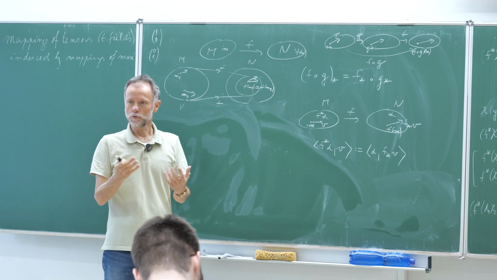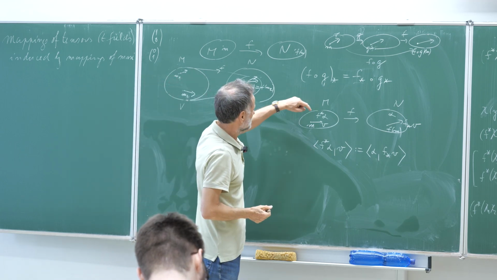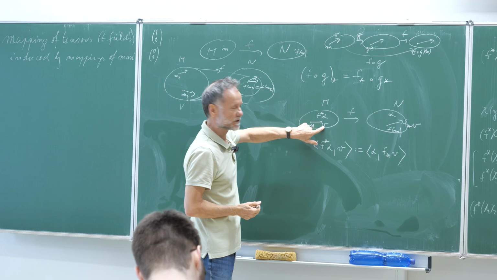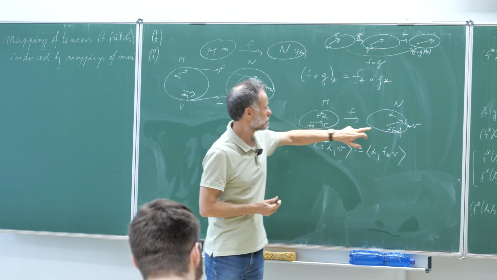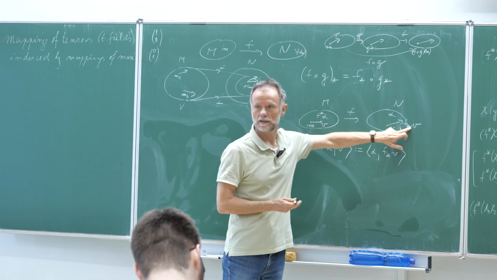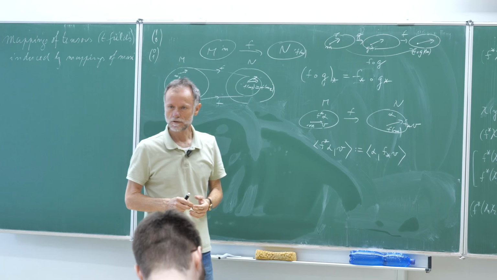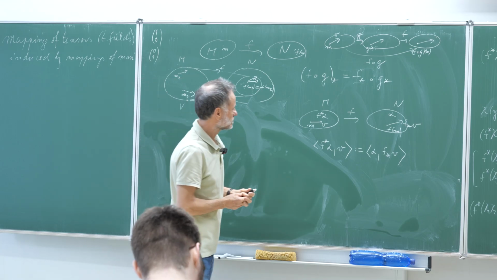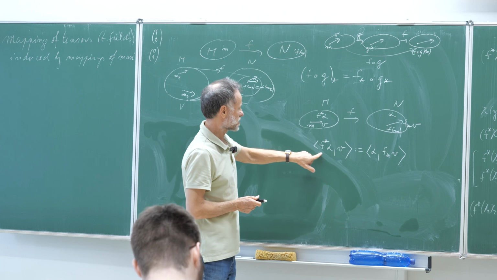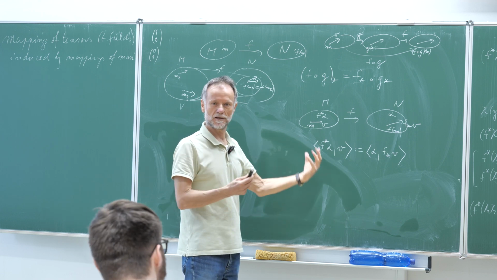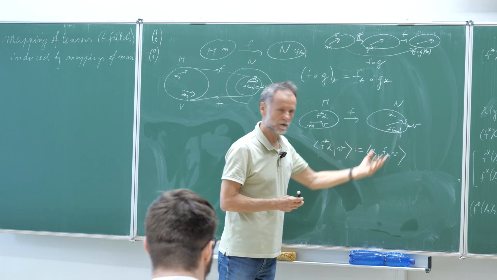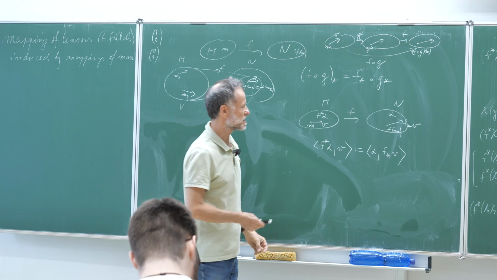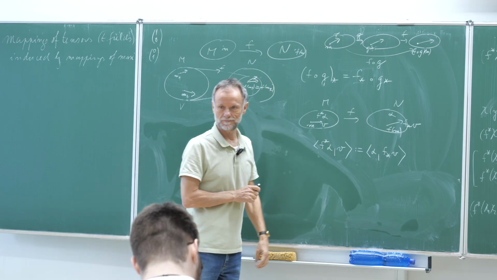And now we can do two things. We have a covector and a vector at m, and we also have a covector and a vector at f of m. So we can create two numbers. The first one is on the left-hand side, and the second one on the right-hand side. The definition is that they are the same number.